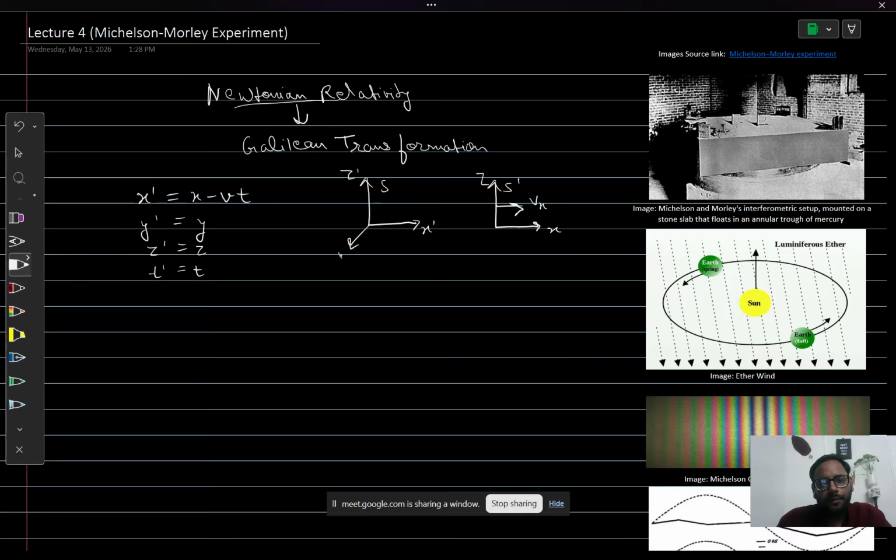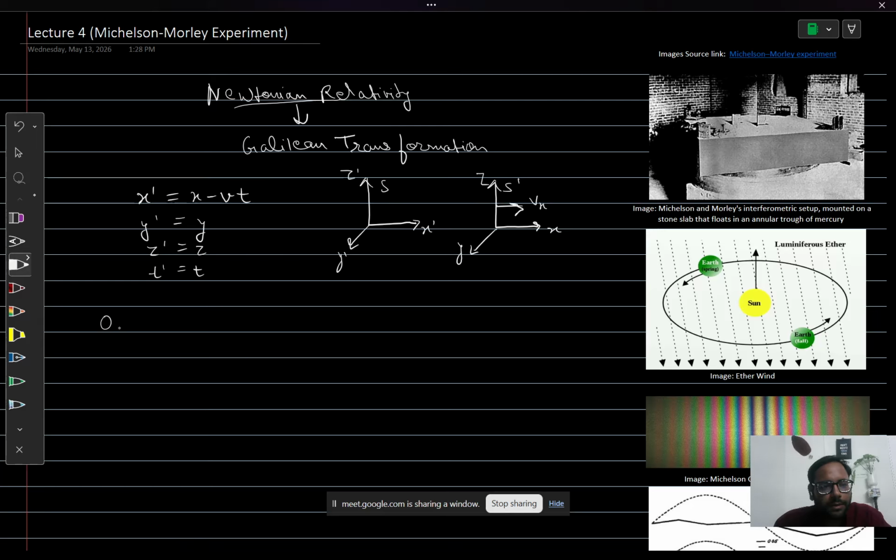Take this y-axis also. And of course, to remove the confusion, you can equivalently make this S prime frame stationary and move the S frame in the opposite direction.